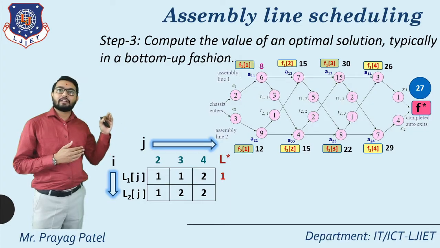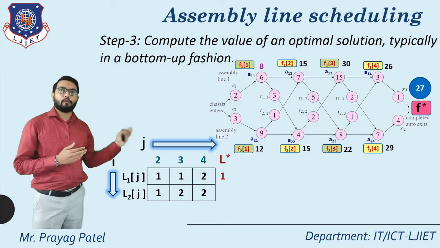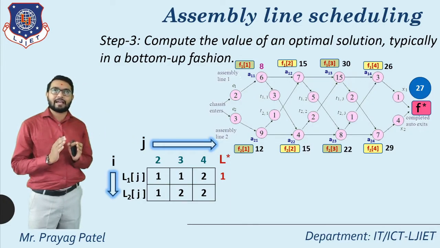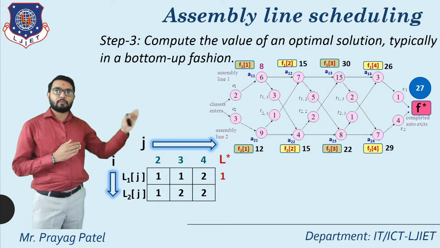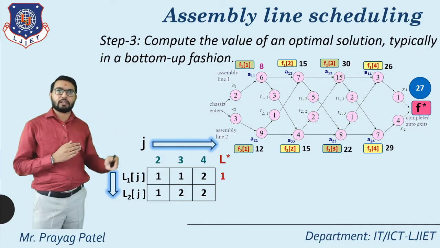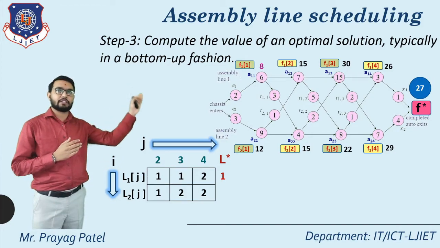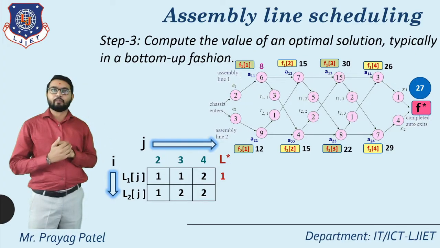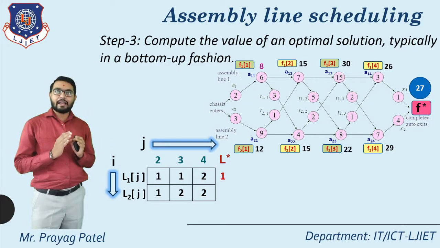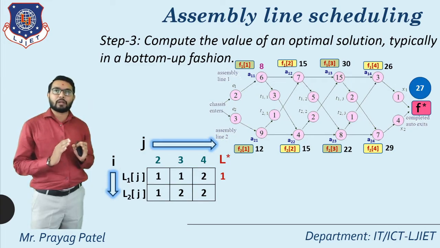In columns, consider value of J equal to 2, 3, 4. Here consider J as a station: station number 1, station number 2, station number 3 and station number 4. Because in this figure 4 stations are there in line 1 as well as in line 2. So here I is the line number and J is the station number. Remember this point for solving this example.